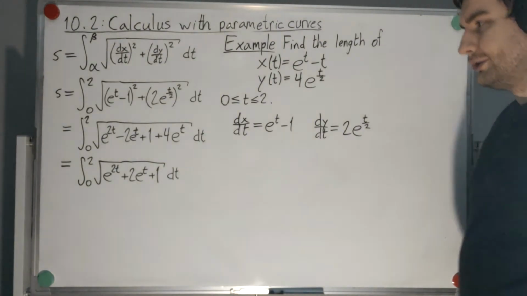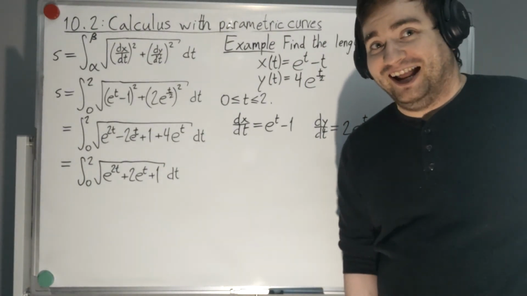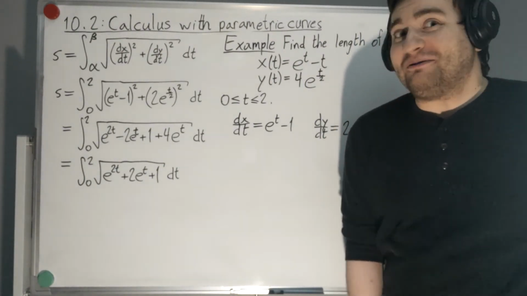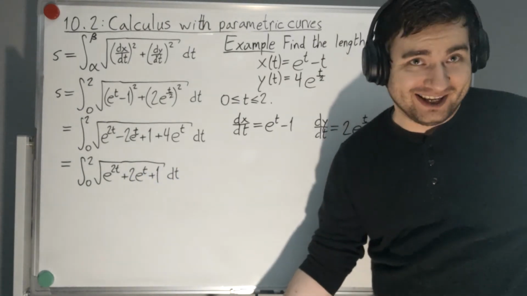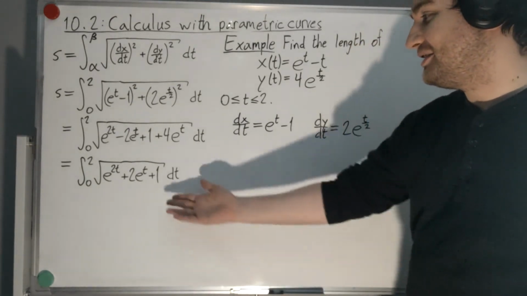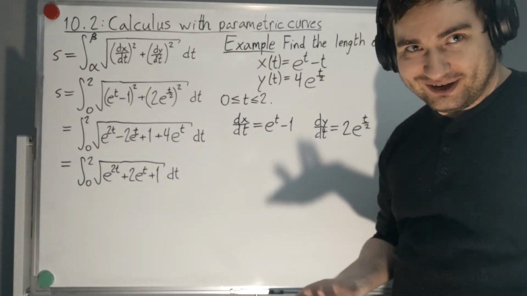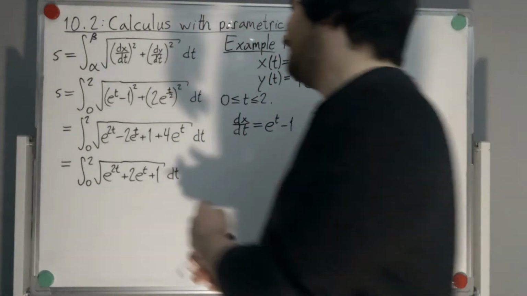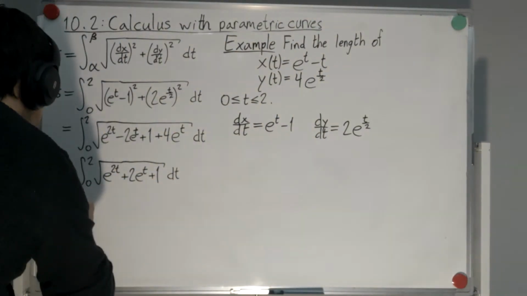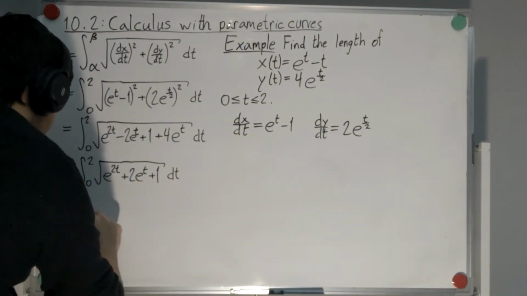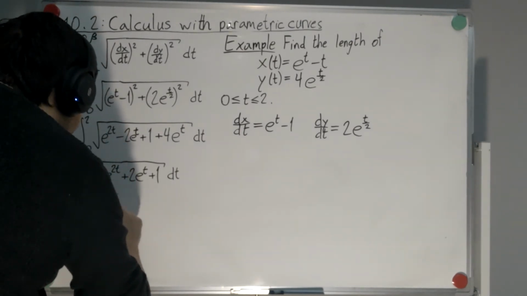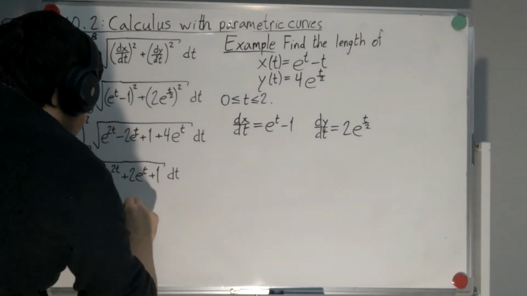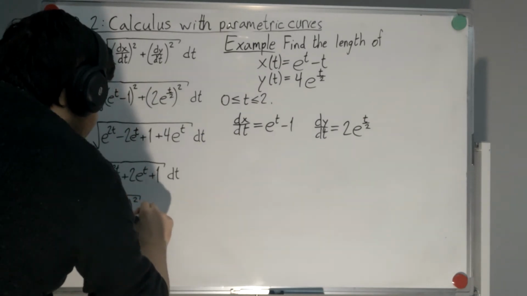So now you have to do that integral. And it's the return of the weird factoring, because this is a quadratic in e to the t, right? This is (e to the t plus 1) squared. So this is the integral from 0 to 2 of the square root of (e to the t plus 1) squared dt.